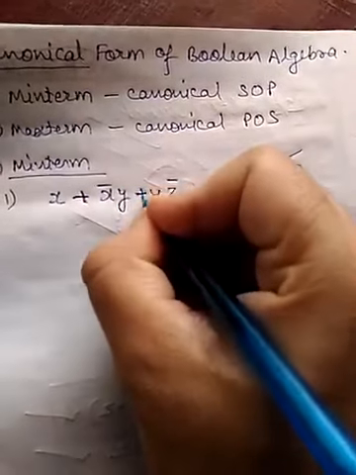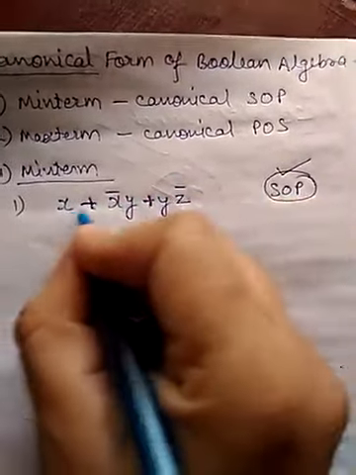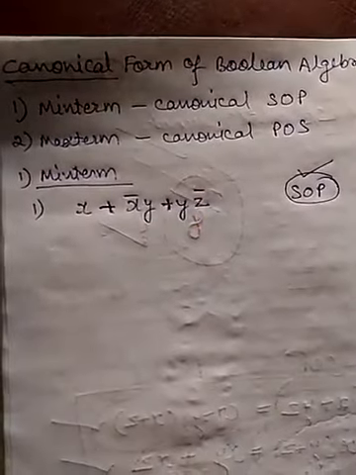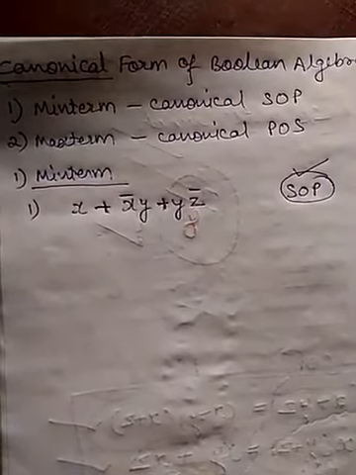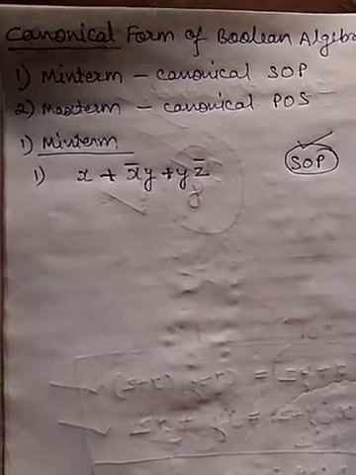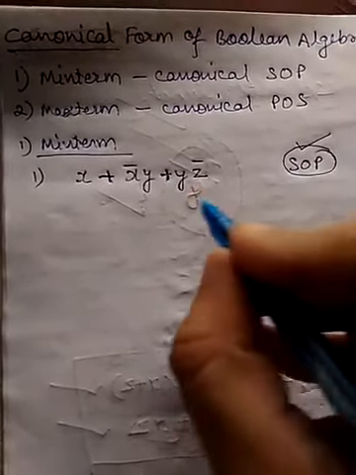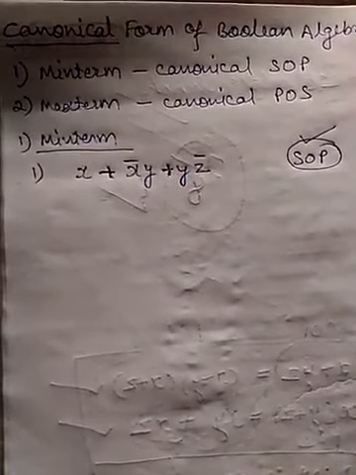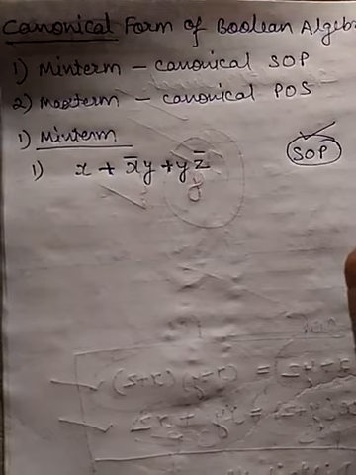Sum of products is a term in the form of product, then we can simply say that this function is in standard form and that standard form is sum of product. Now if I ask you, is this function canonical? Then your answer is no. Why is this function not canonical?